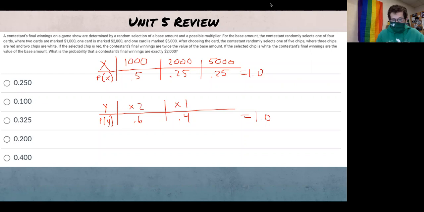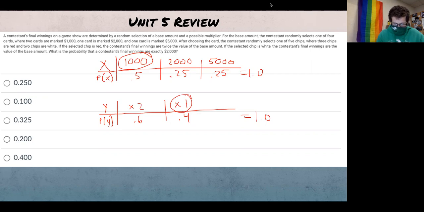All right, so now let's kind of think. I can get 1,000 and multiply it by 2. I can get 1,000 and multiply it by 1. So let's do this. I'm going to start from the bottom. Maybe I should have flipped these around, but 1,000 times 1 gives me my lowest outcome.